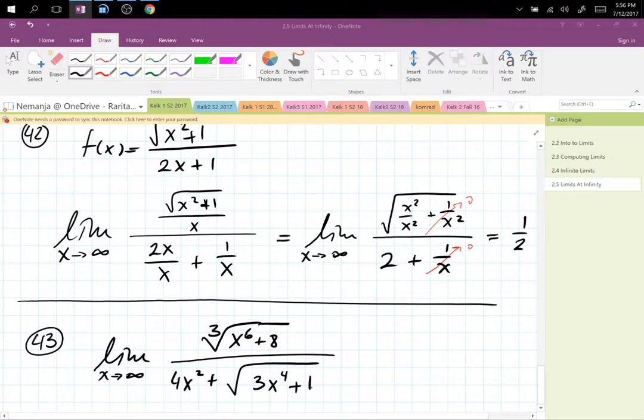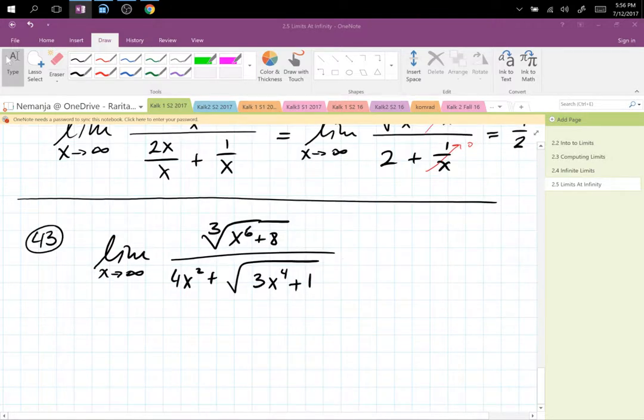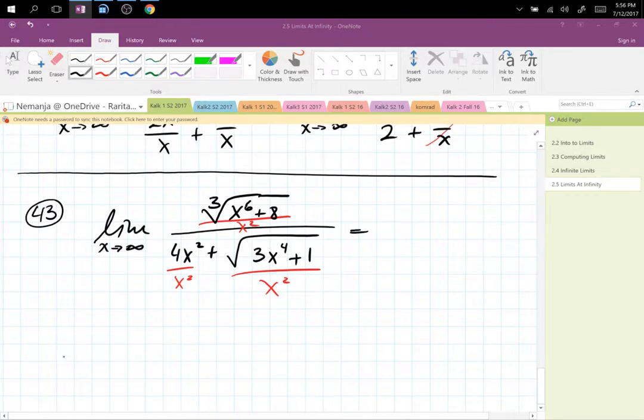Let's solve this problem and then hit the break. The highest exponent here is x squared because cube root of x to the 6 is x squared, square root of x to the 4 is x squared, and you have x squared, so it's x squared everywhere. We divide by x squared, and then we put that x squared inside each of the roots, which means the exponents are going to change.